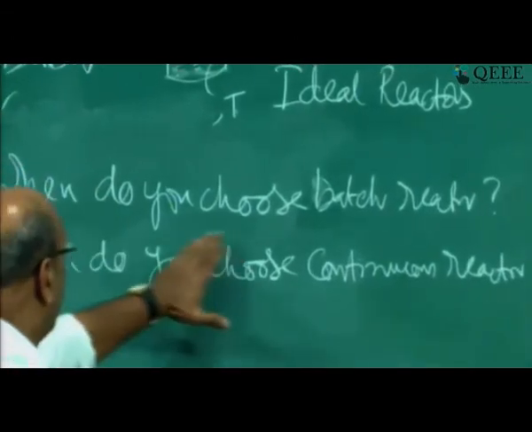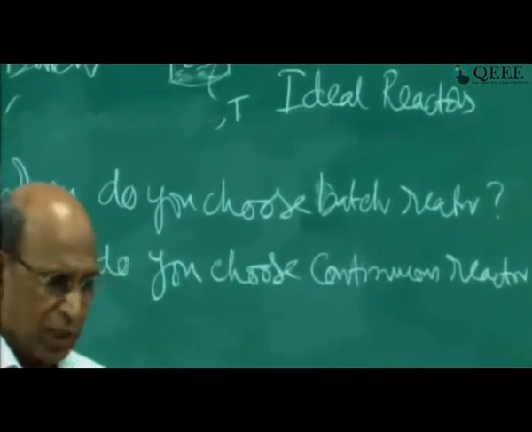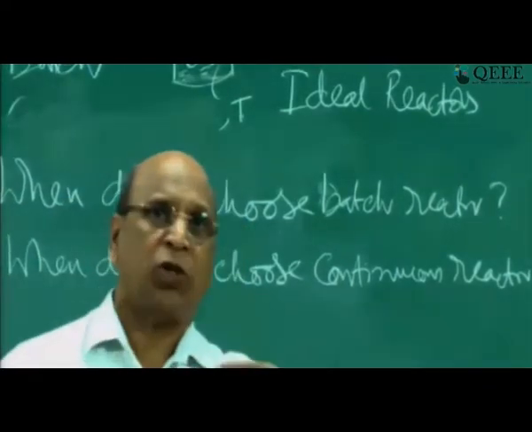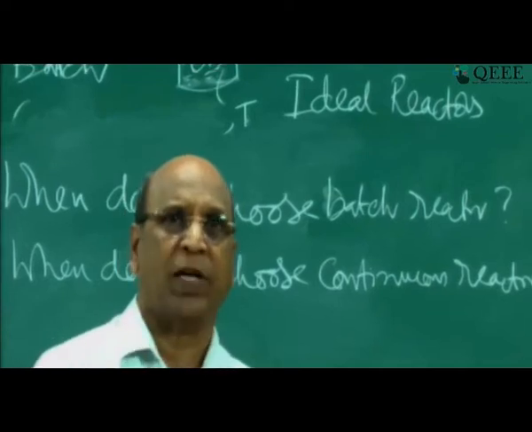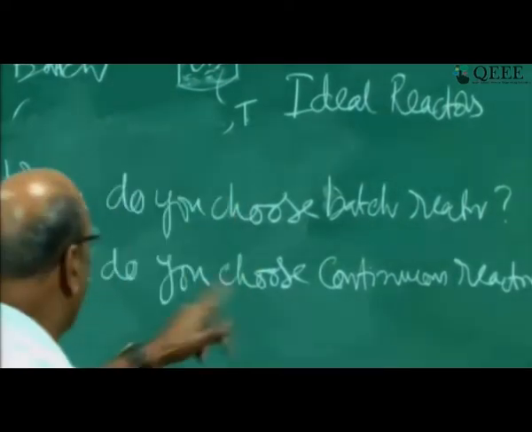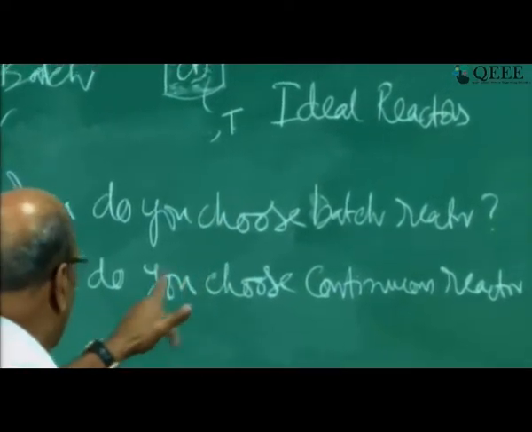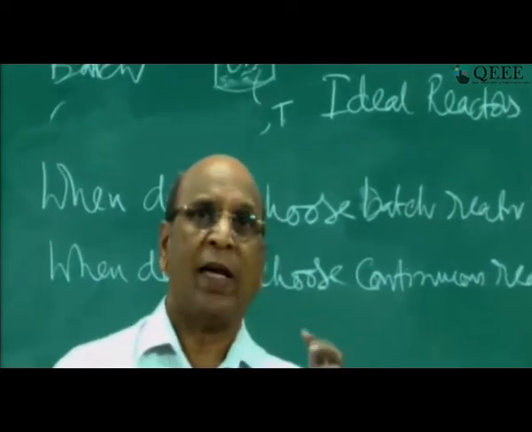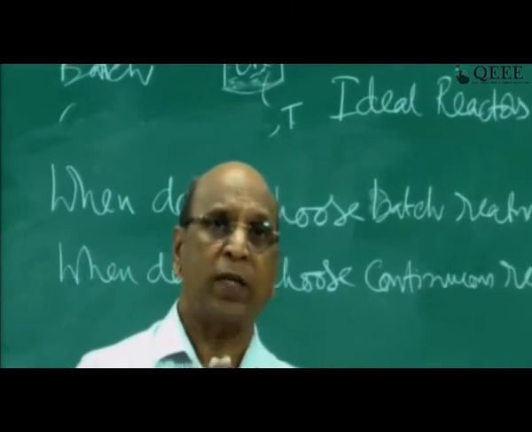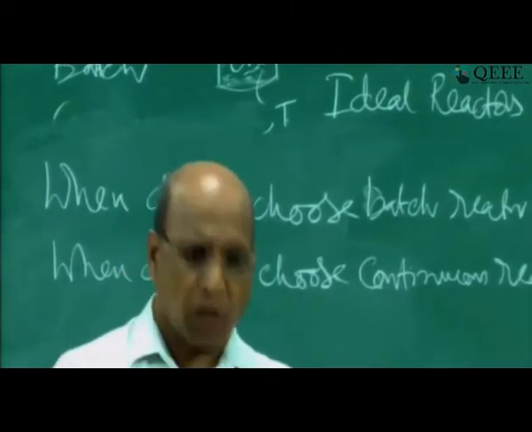Now, in the batch reactor there is no continuous input and continuous output. I am repeating this many times because at least a few of you will catch it at some time. So that is the batch reactor. Now when do I choose that? Normally a batch reactor is chosen when I have small quantities to be produced. Small does not mean tiny.